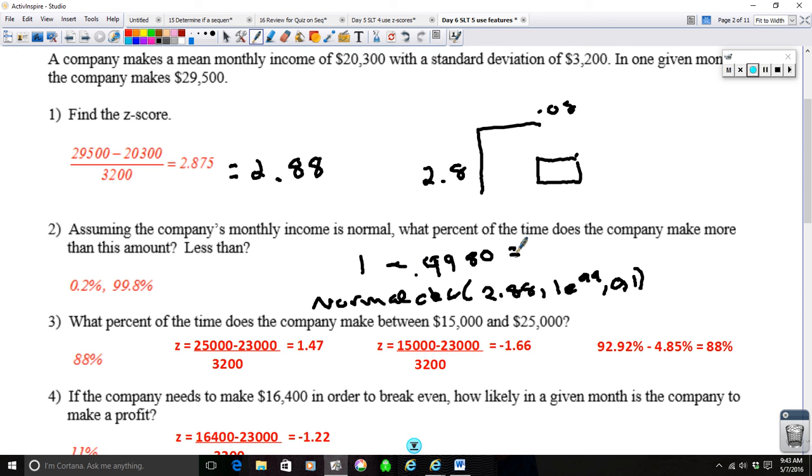Sorry, more, I apologize. More than that amount is 0.2% or 0.00002, or 0.9980 for the other portion.